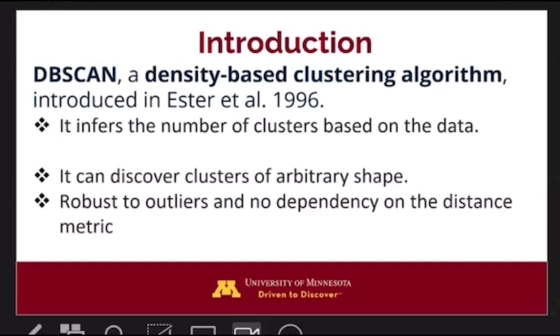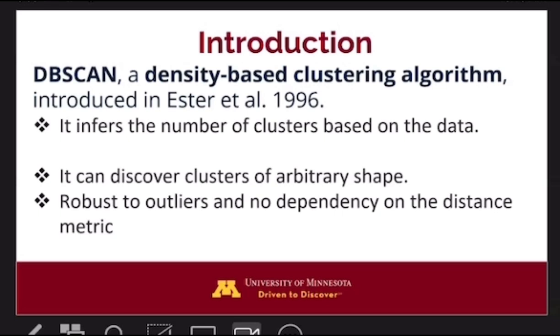So that was introduced by Ester et al. And of course, the idea behind this clustering is, can we have a way to also do clustering based on irregular shapes? Irregular shapes, or arbitrary shapes other than spherical. So that's exactly what we mean.